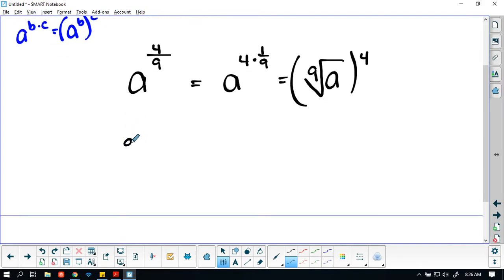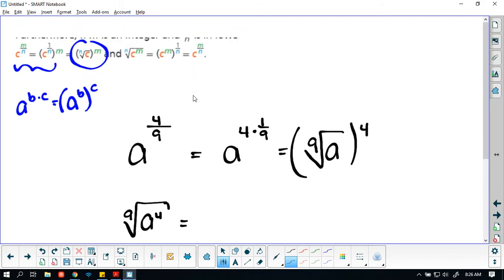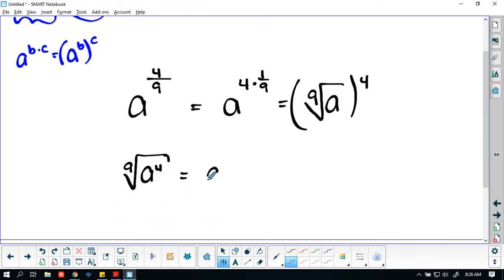Or if I have the 9th root of a to the 4th power, I can actually rewrite that as a to the 4th raised to the 1/9 power. Again, using this exponential property of a power raised to a power, we're going to multiply, a to the 4/9.